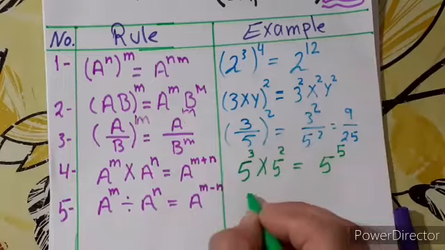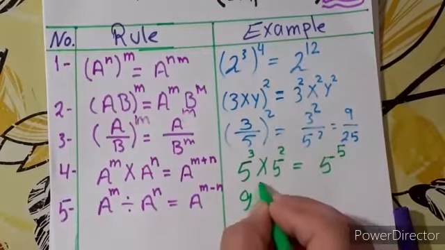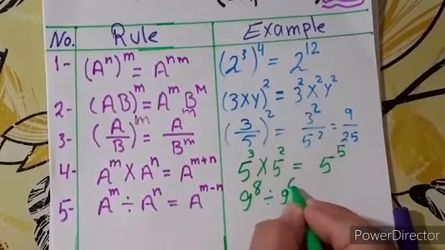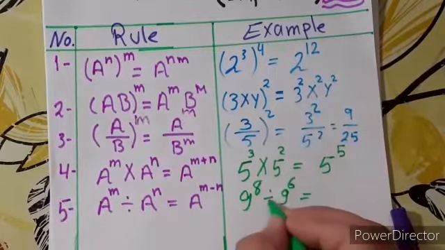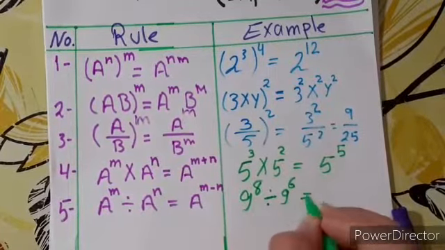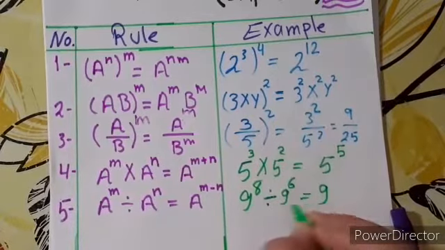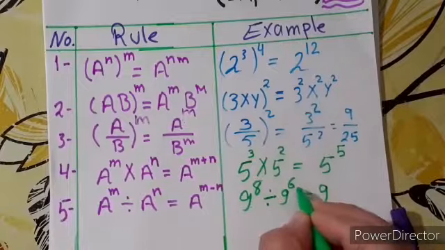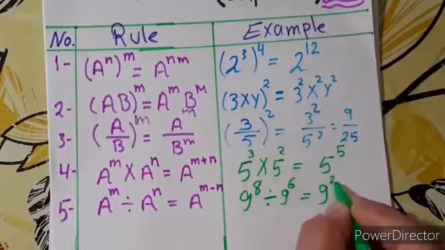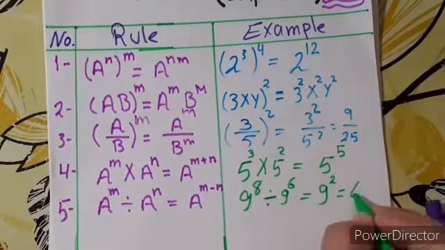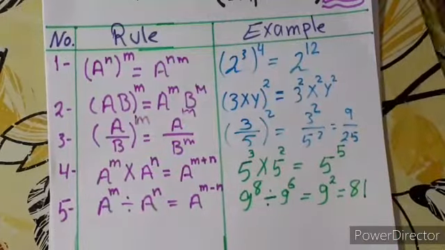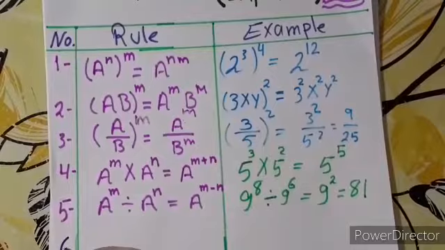For example, 9 power 8 divided by 9 power 6 equals, in this case division, and we have same base, we can subtract 8 minus 6 equals 2, 9 power 2 equals 81. Now, rule number 6.